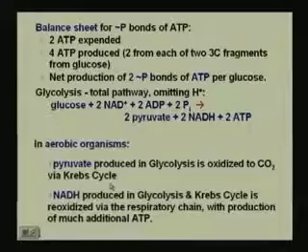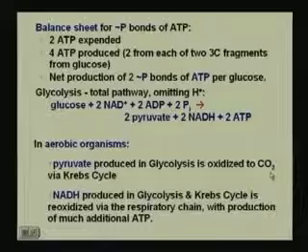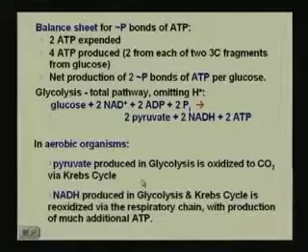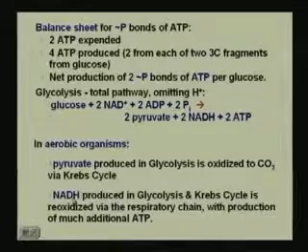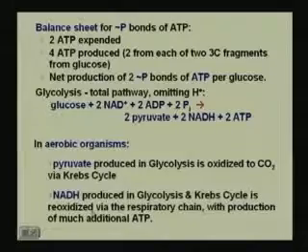Now in aerobic organisms, you have pyruvate that is produced in glycolysis oxidized to carbon dioxide. That is what we are going to see when we do the Krebs cycle. This is also known as the TCA cycle. And the NADH that is produced in glycolysis and also in the Krebs cycle is reoxidized. What does it mean to be reoxidizing NADH?